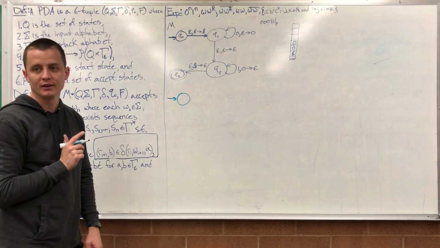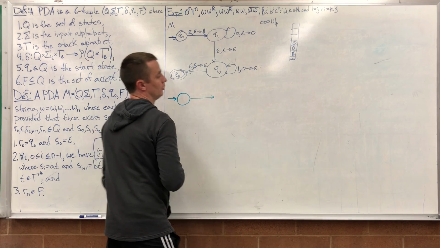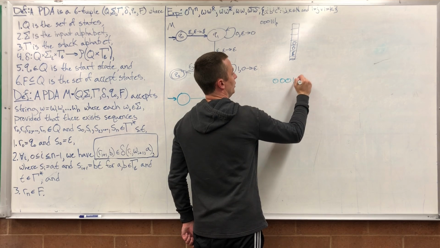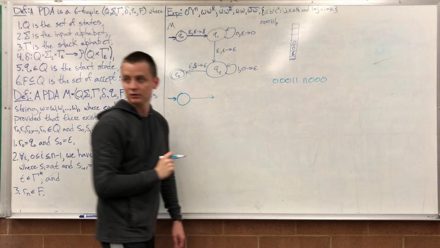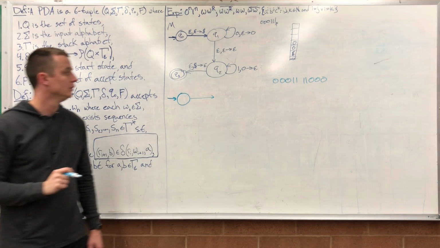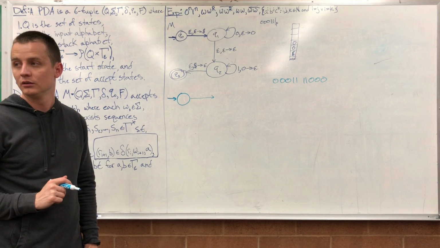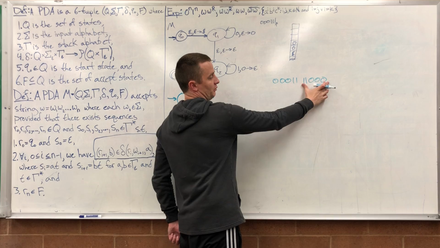I'm trying to remember how to do it. Could you create a scenario? Maybe that helps. So an example of a string you want is 0, 0, 0, 1, 1, followed by 1, 1, 0, 0, 0. Could it also be 0, 0, 1, 0, and then 1, 1, 1, 0? Whatever this is, this needs to be the same thing in reverse order.